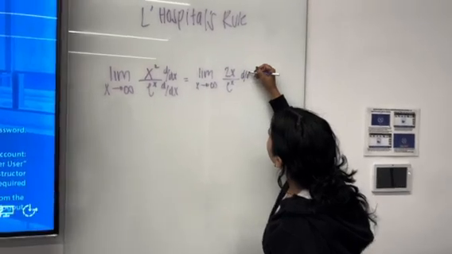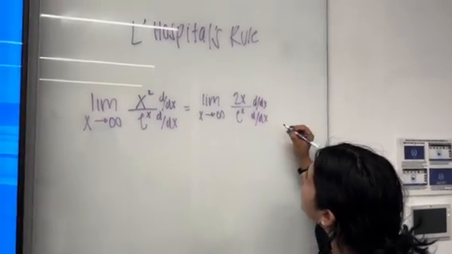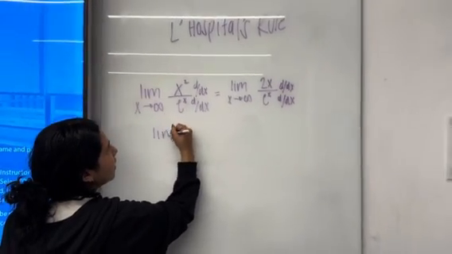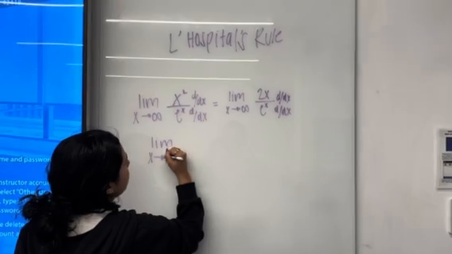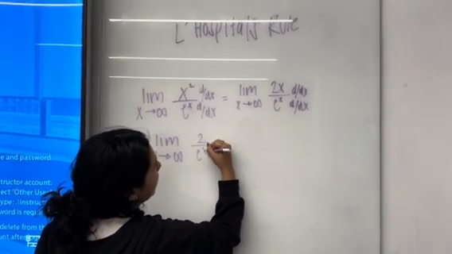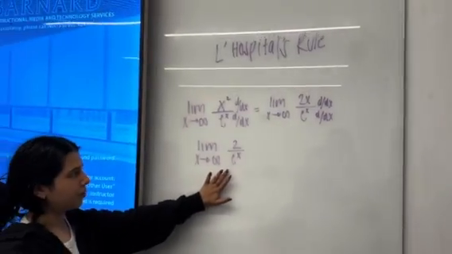So d over dx, d over dx. And so that's going to give us limit as x goes to infinity of 2 over e to the x. And now we're able to apply L'Hopital's rule.